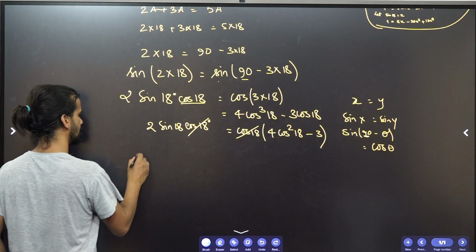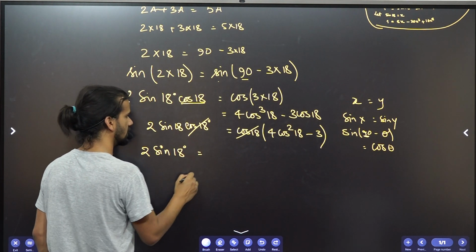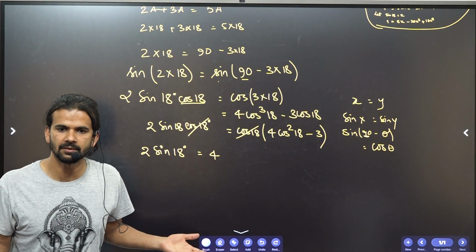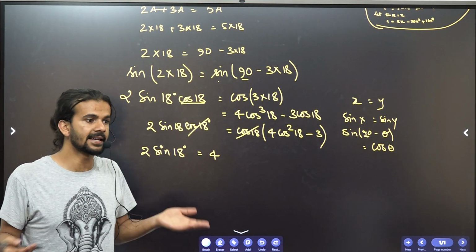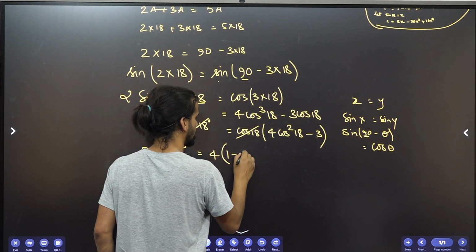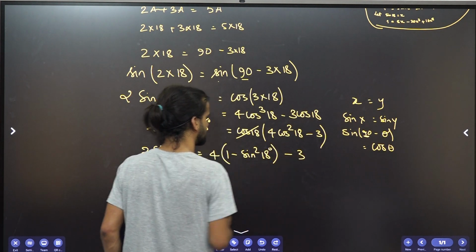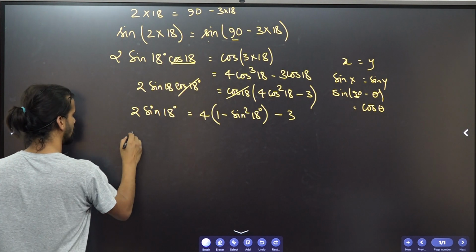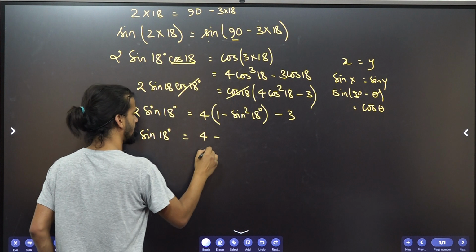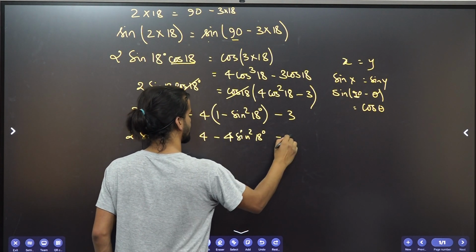And then what do we have? 2 sine 18 equals 4 cos square 18, I don't know the value of cos 18, but I can convert that into sin square 18, right? 1 minus sin square 18 degrees minus 3. Let's solve. 2 sin 18 degrees equals 4 minus 4 sin square 18 degrees minus 3.